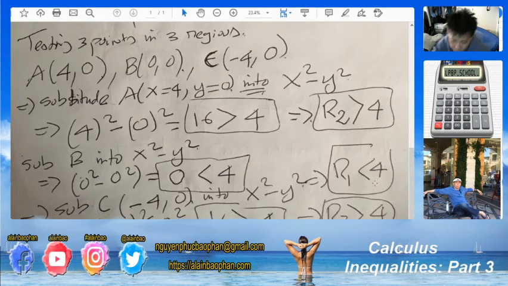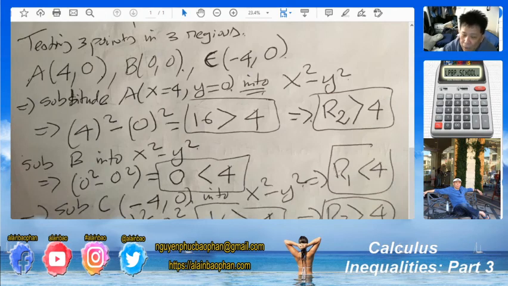So we can already show the inequality: x squared minus y squared greater than 4 gives the two regions, left and right, and x squared minus y squared less than 4 gives the middle region.